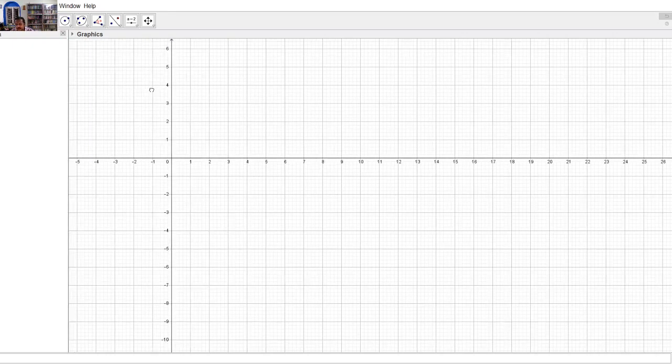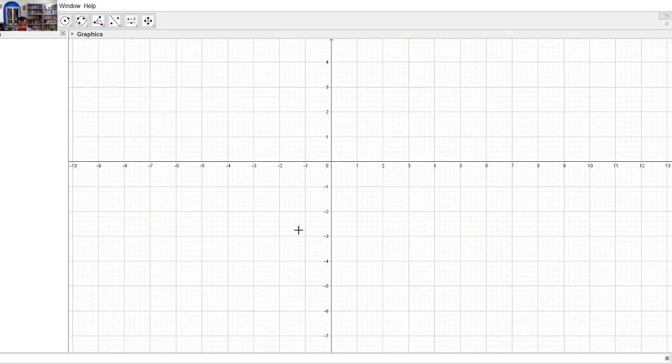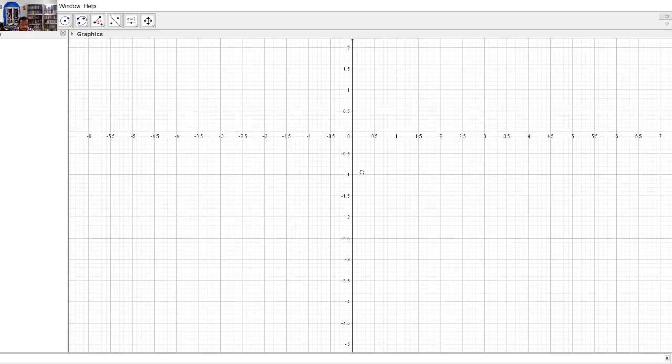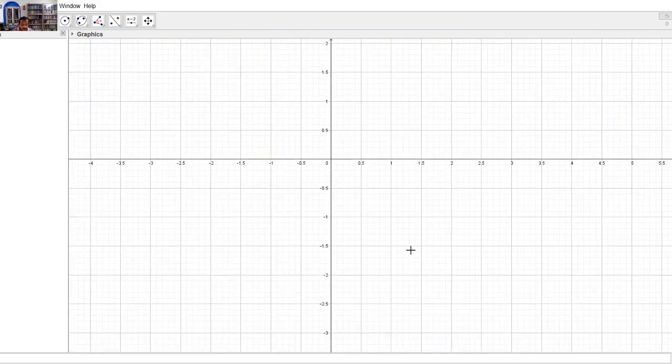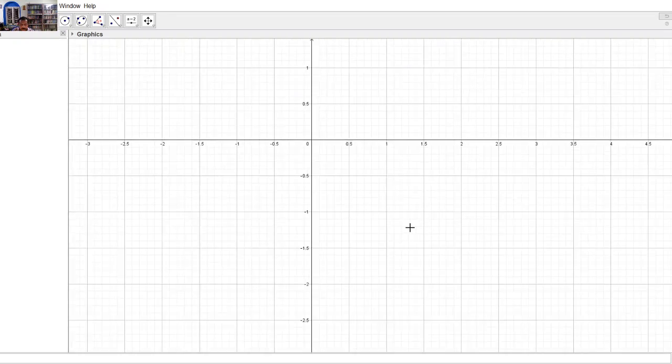So this is the GeoGebra window. Here you can input, first we plot the 1 norm: modulus of x plus modulus of y equal to 1. It is better to zoom here.